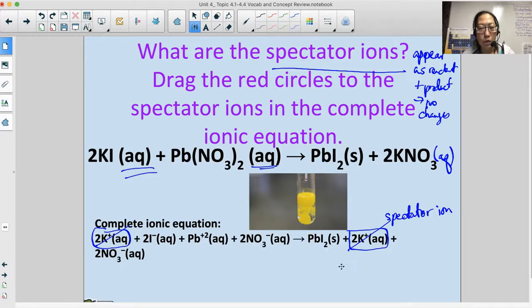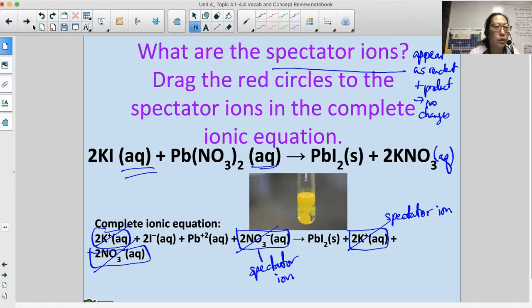Just watching the whole thing. Let's see, is there another ion that appears on the left and the right? Here we go. 2NO3 minus. That we can cancel out as well. This is another spectator ion. All right, so we've got those 2K plus and NO3 minus are the spectator ions.